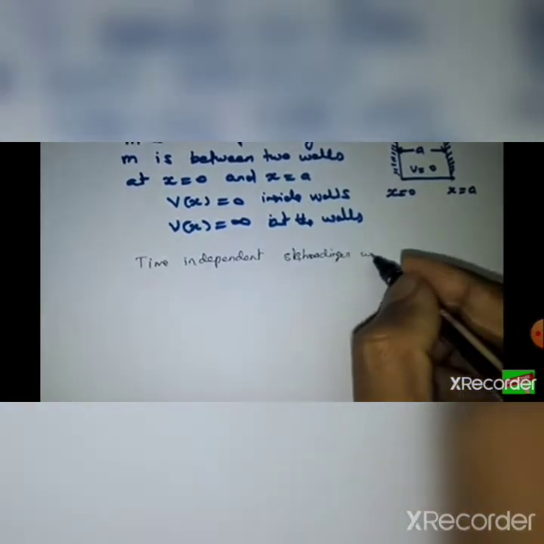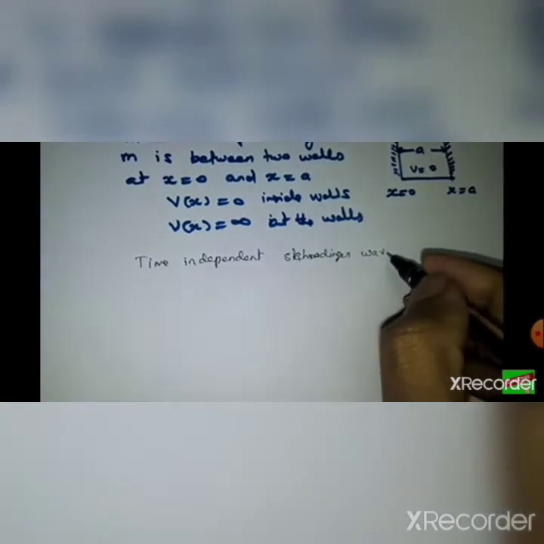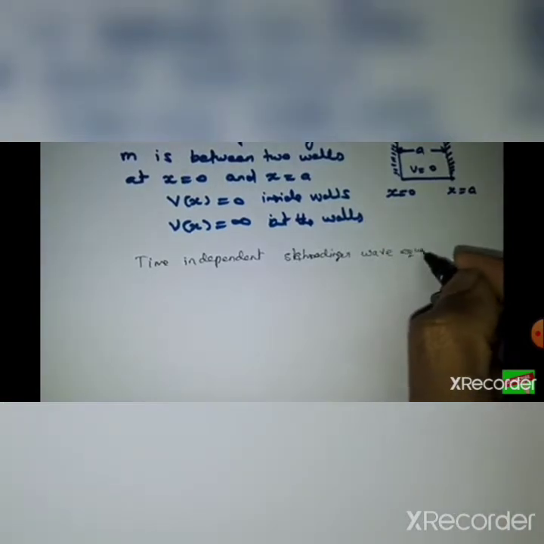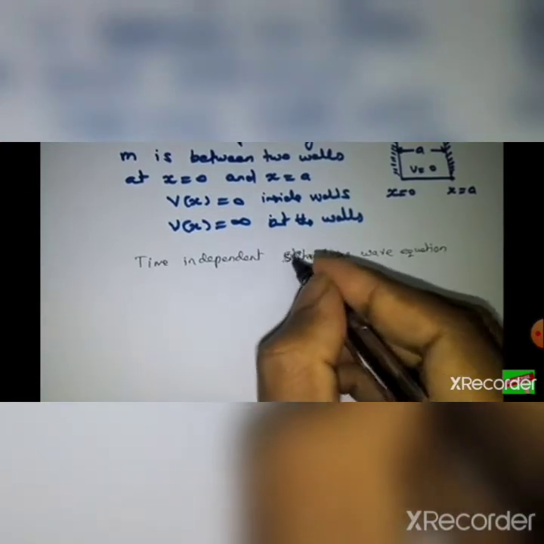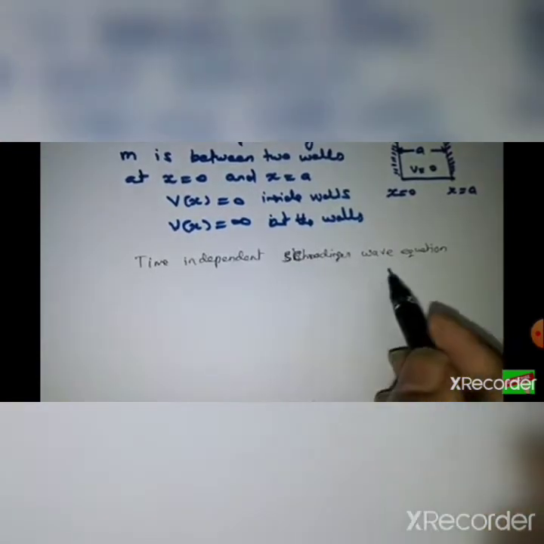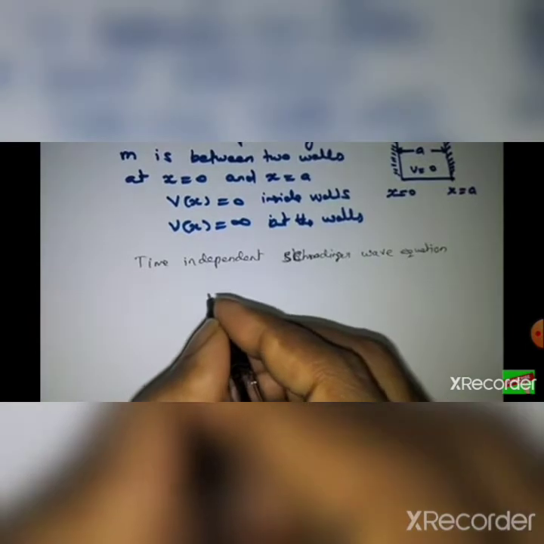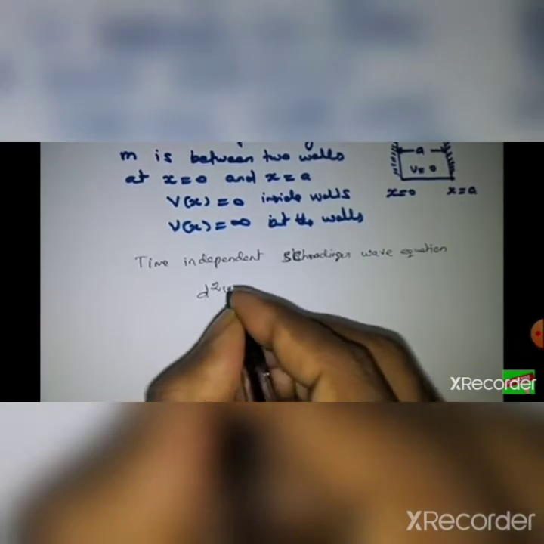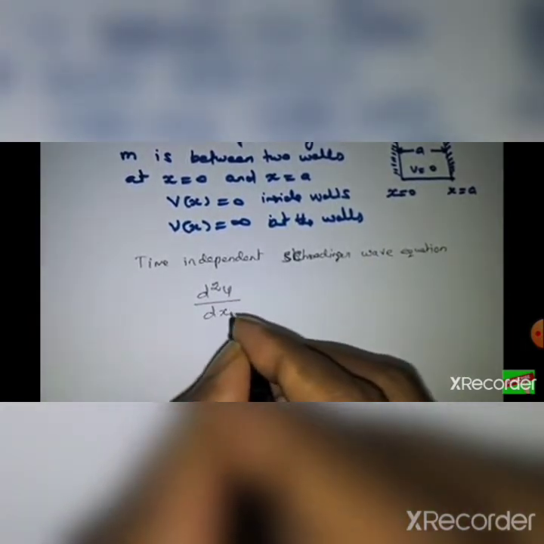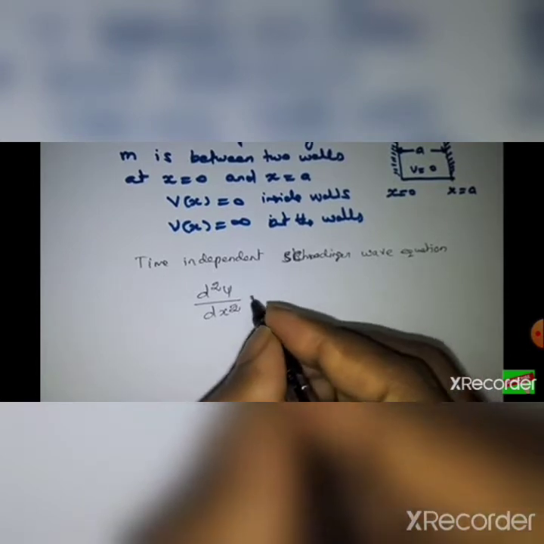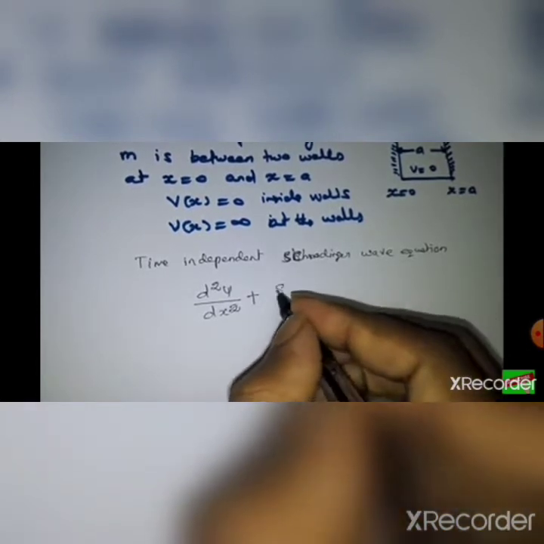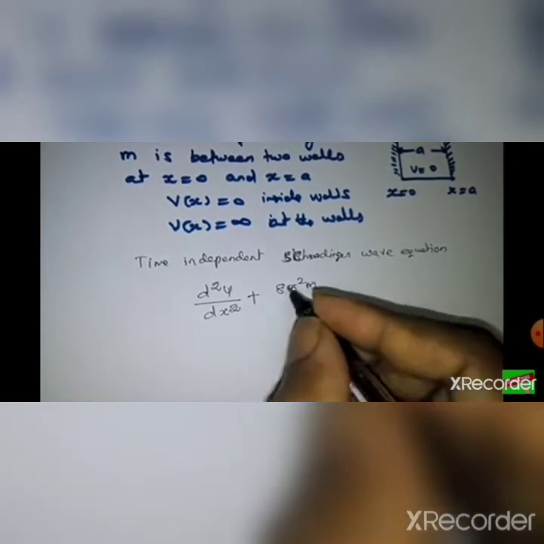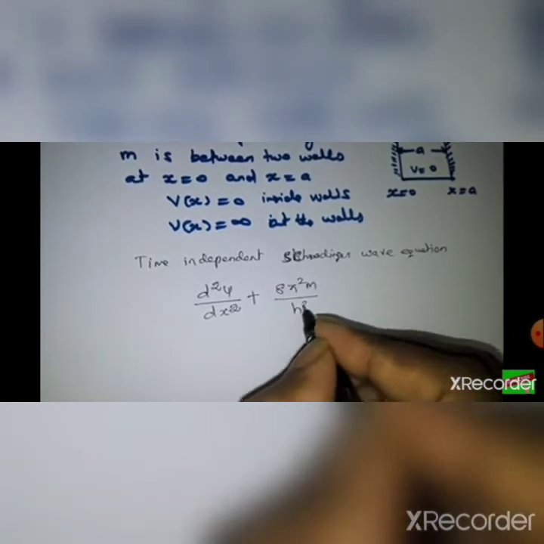After learning about the diagram and the two conditions, inside the box and outside the box, we will apply the Schrödinger wave equations. Schrödinger derived two wave equations: one is time dependent and the other is time independent. In this concept, we are applying the Schrödinger time independent wave equation.